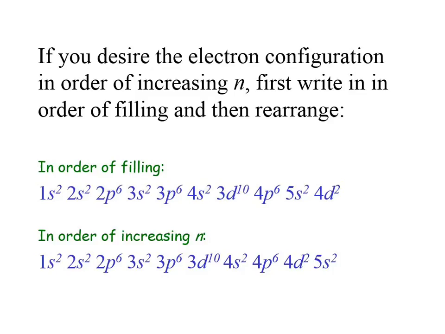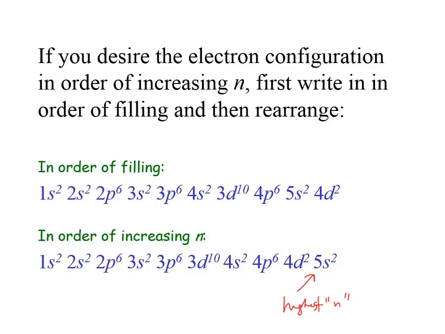What's the highest n? What's the highest principal energy level here? Is it 1, 2, 3, 4, or 5? Or 6, or 7, or 8? 5, yes. That's the highest n. So the electrons that are in subshells with the highest n are special.